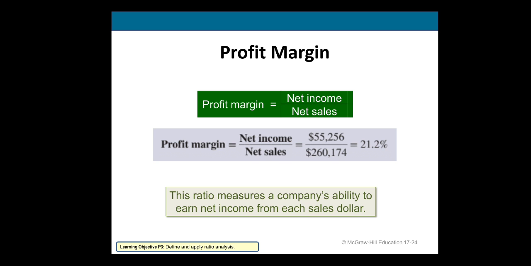But for the other business, with a profit margin ratio of 17%, for every $1 the business sells, it can only generate 17 cents net profit. So that is the way to make comparison and to make conclusions. The higher the ratio, the better the business in terms of generating profit for every dollar of sales.